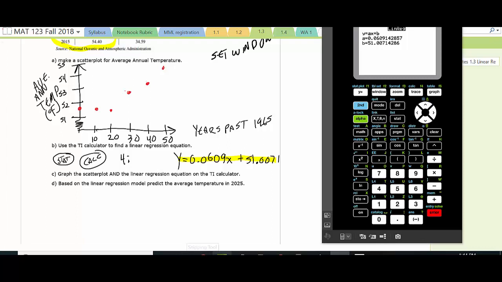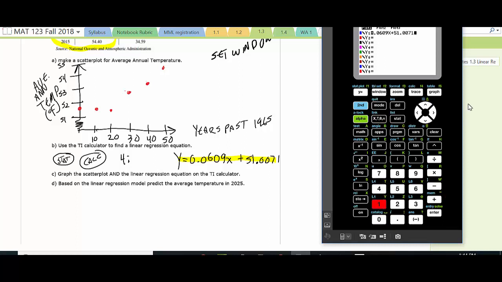All right, now I want you to do one more thing. Go to y equals, and I'll go ahead and put that answer we got in your calculator. Just go to y1 and enter 0.0609, then X, and then plus 51.0071.